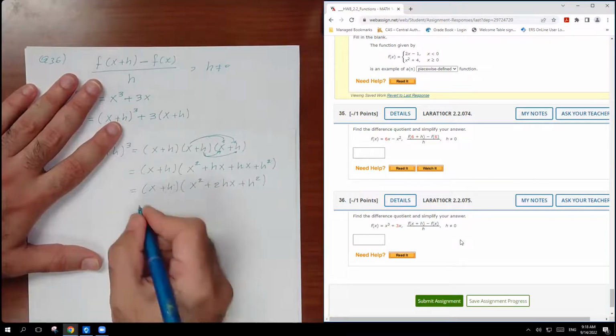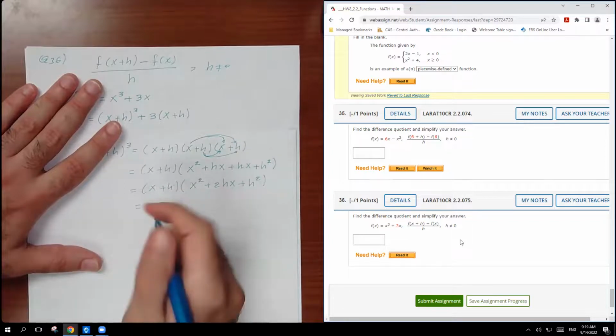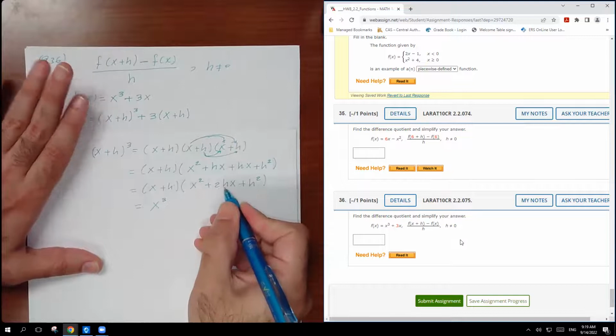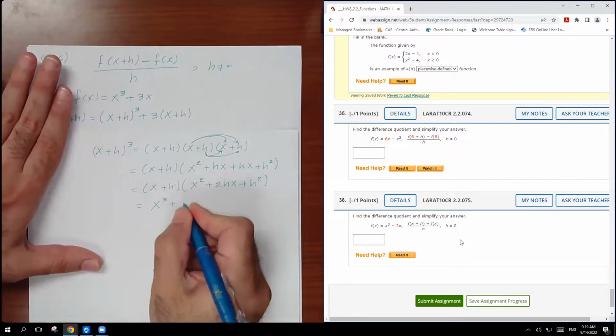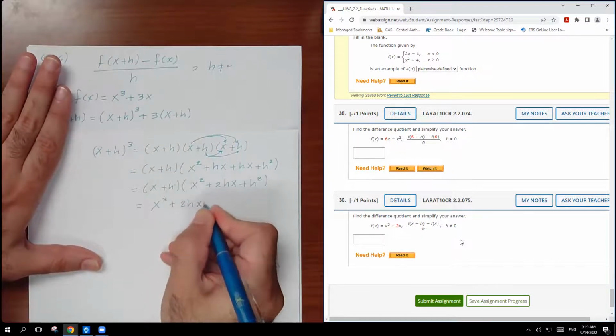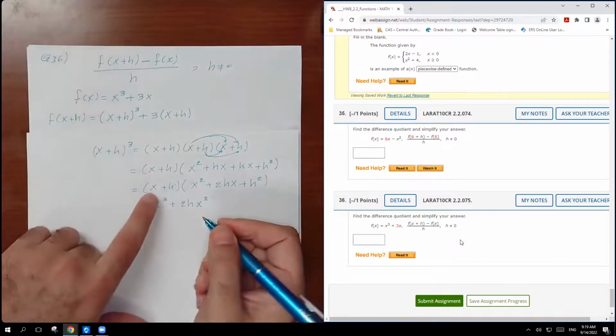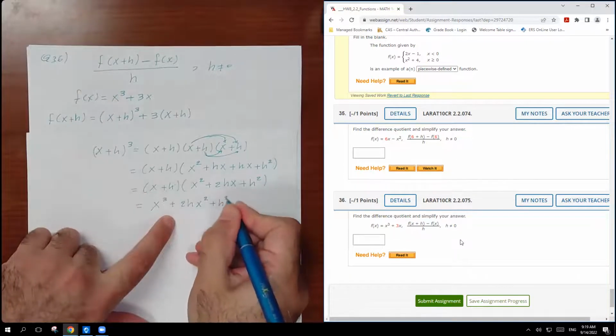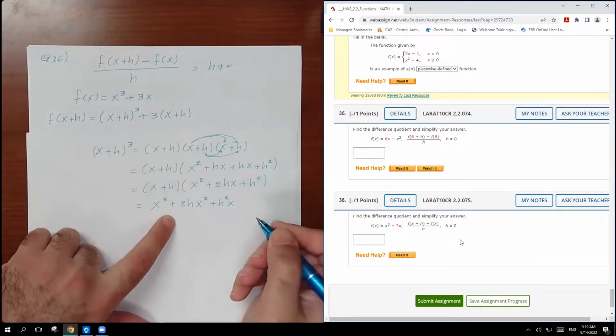Now we're going to distribute. X times x is going to be x cubed. X times 2hx is going to be plus 2hx squared. X times h squared is going to be plus h squared x. We're done with this one.